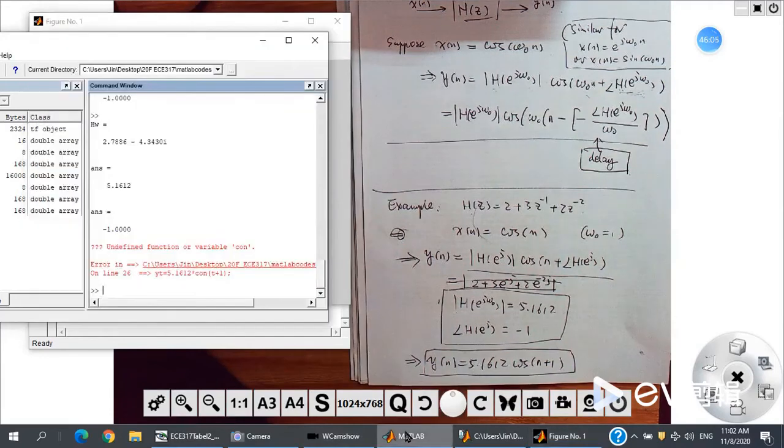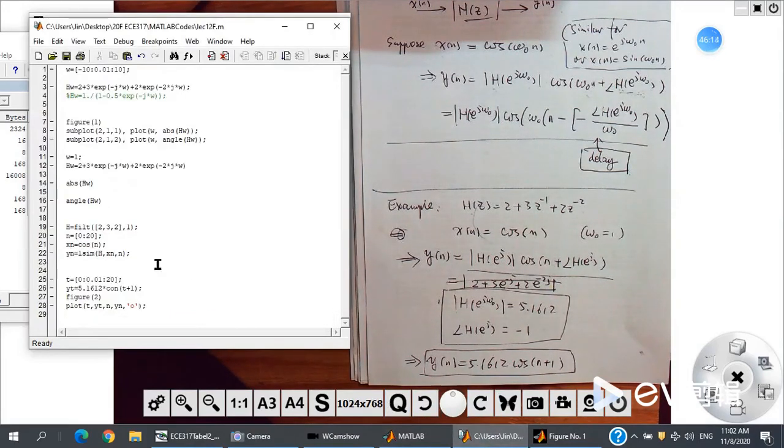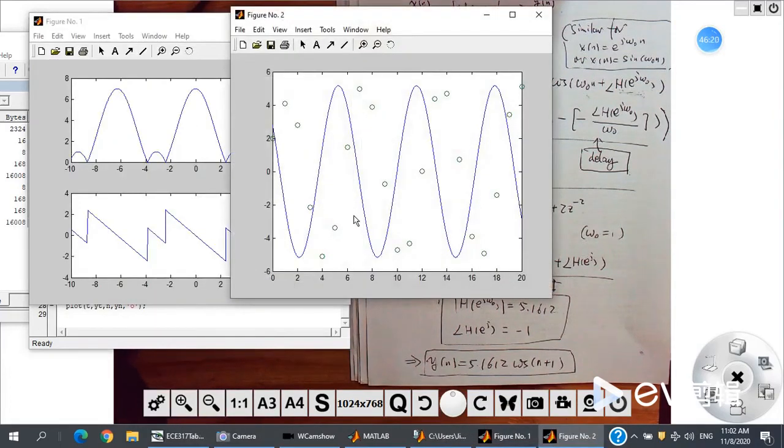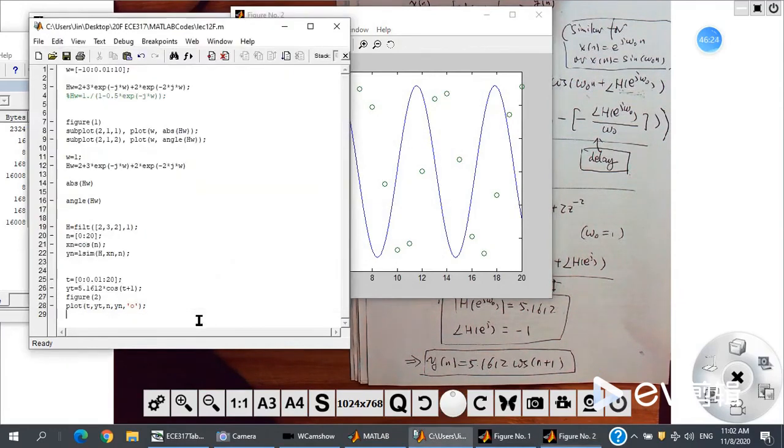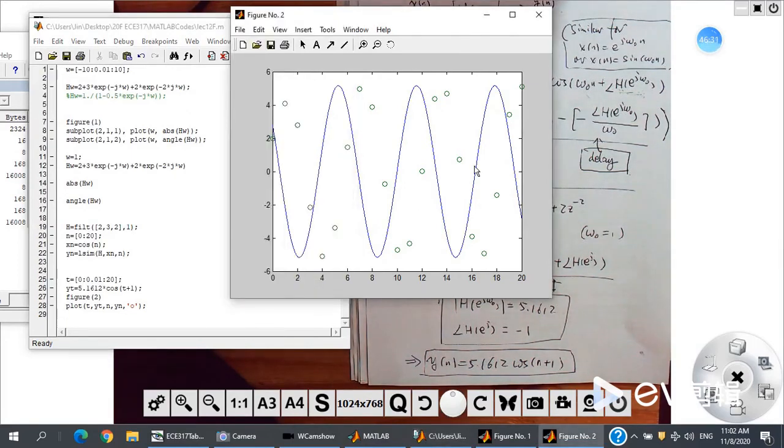Something is wrong. yt is a cosine. Let me see. That is t plus 1. It should be the same feature. I think I didn't make it right.